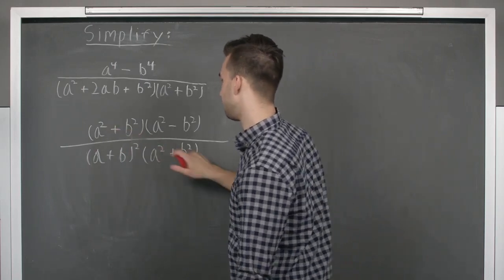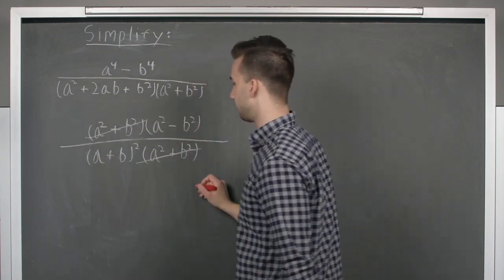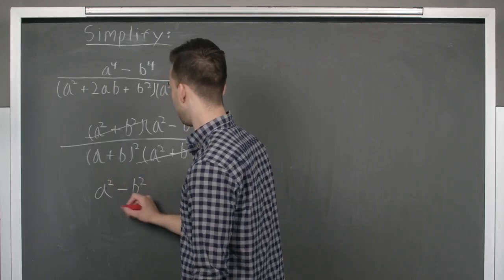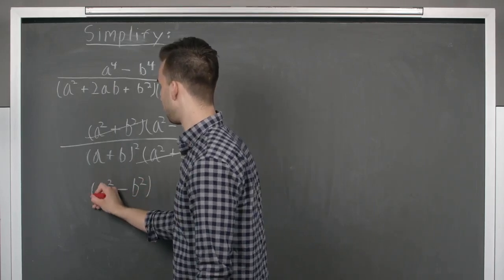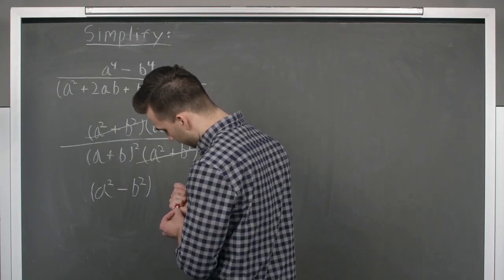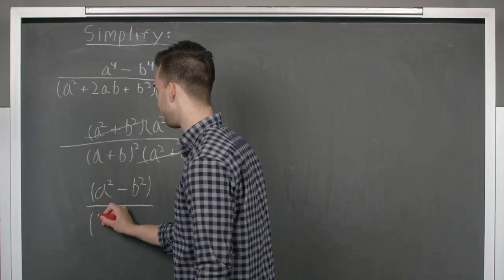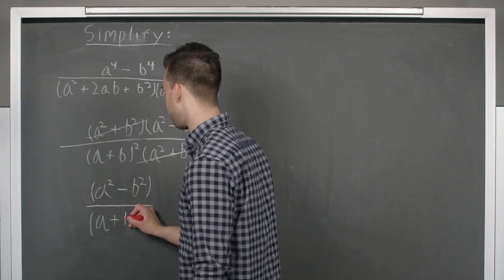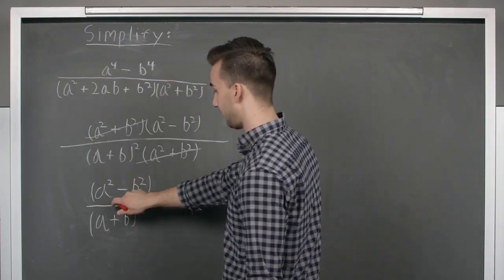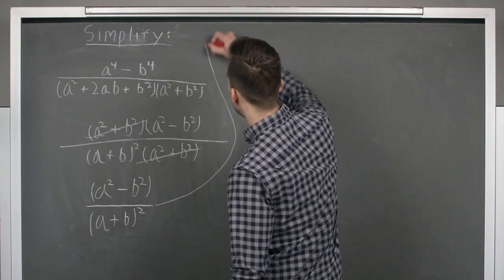Well, this already will cancel, so we can go ahead and cross that out, and let's rewrite it as a squared minus b squared all over our denominator of a plus b squared. So it does actually look like we will want to factor this difference of squares, because we could cancel out an a plus b. So let's go ahead and do that.